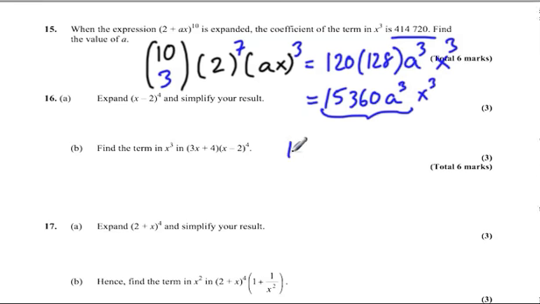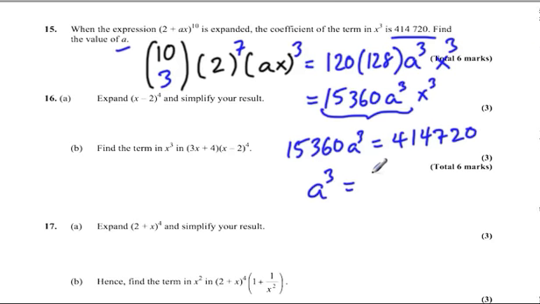So let me just do that. I have 15360 a cubed is equal to 414720. In other words, I need to find what a is, because that's what they asked for. So I should basically do a cubed is equal to 414720 divided by 15360.